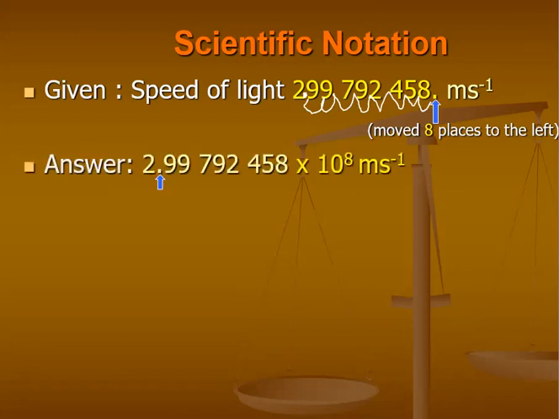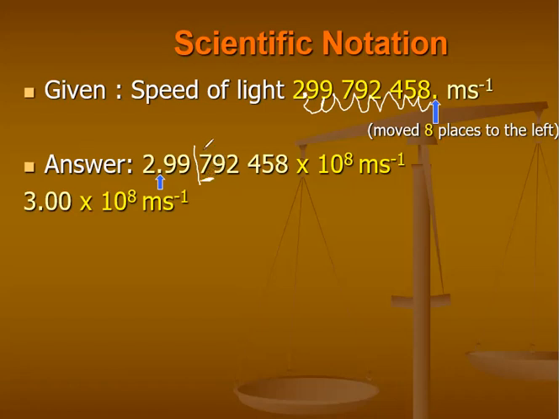Right, so you can see your decimal point has been shifted, and right now you round off. So we considered the 2.99, and we have a number 7 on the other side.